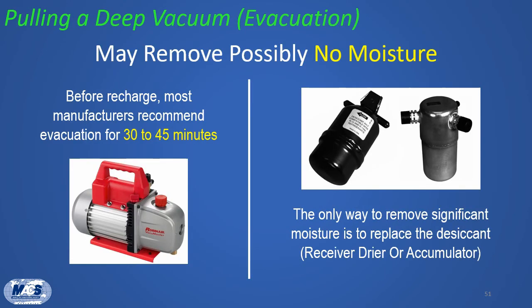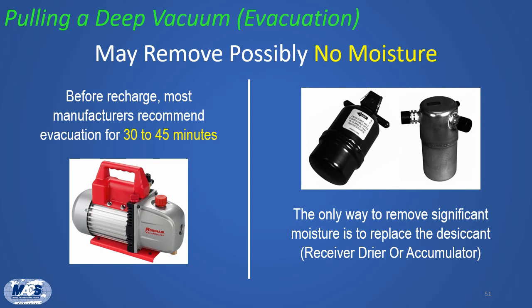Before recharging, it's important to evacuate the system, or what we call pulling a deep vacuum. We do that to remove air and moisture from the system before recharge. Most vehicle manufacturers recommend evacuating a system for 30 to 45 minutes if it's a front-only or single evaporator system, and between 45 minutes and 1 hour if it's a dual system with front and rear air and 2 evaporators.